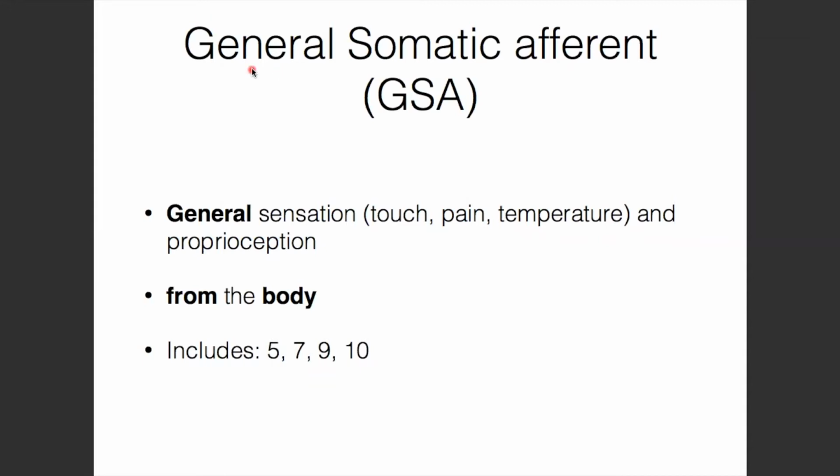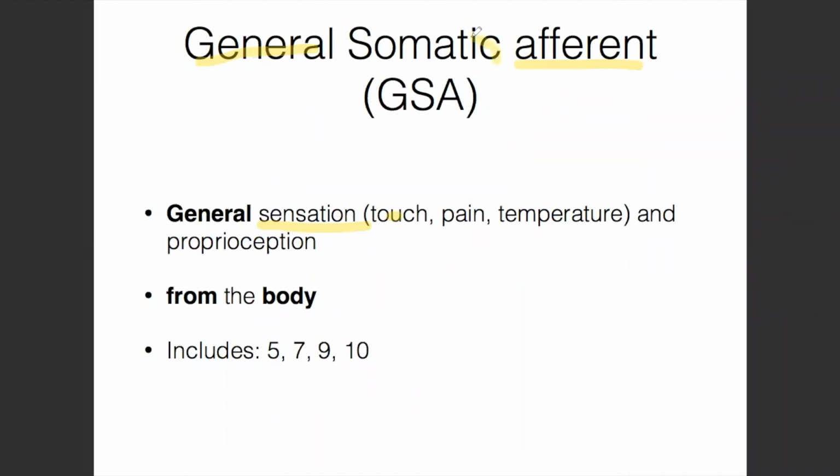The first one we'll start with is general somatic afferent. Let's translate it. General means a sensation that can be understood by both the cranial nerve and the spinal nerve. Somatic means it's from the skeletal muscles and the skin. Afferent means it's sensory, going to the brain. Because it's general, it's general sensation like touch, pain, temperature, proprioception, and so on.